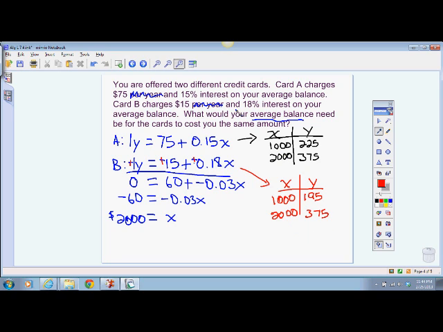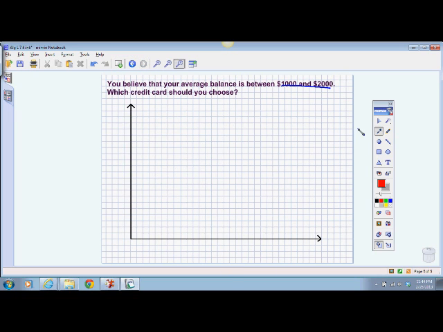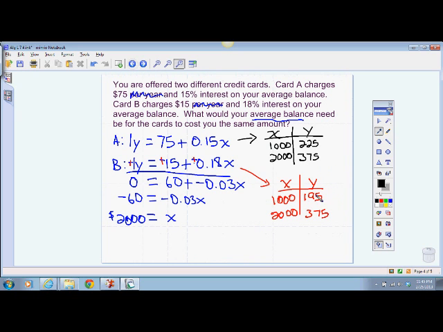So let's plot these. Setting up our scale here, I am just going to go by hundreds: 1, 2, 3, 4, 5, 6, 7, 8, 9, 1,000, then 11, 12, 13, 14, 15, 16, 17, 18, 19, 2,000. If you look at both of these, our lowest is like 195 and our highest goes up to 375.